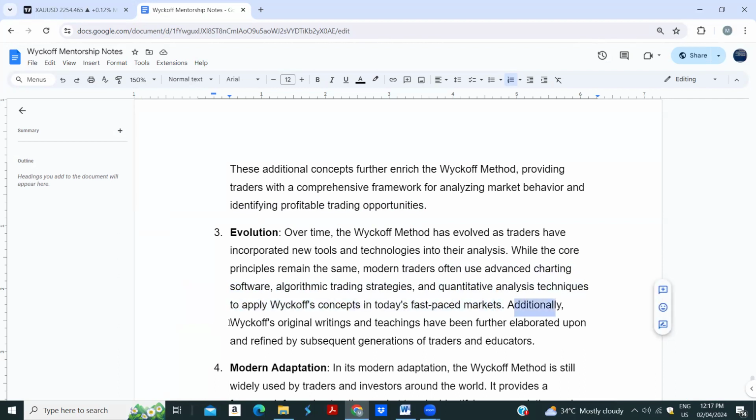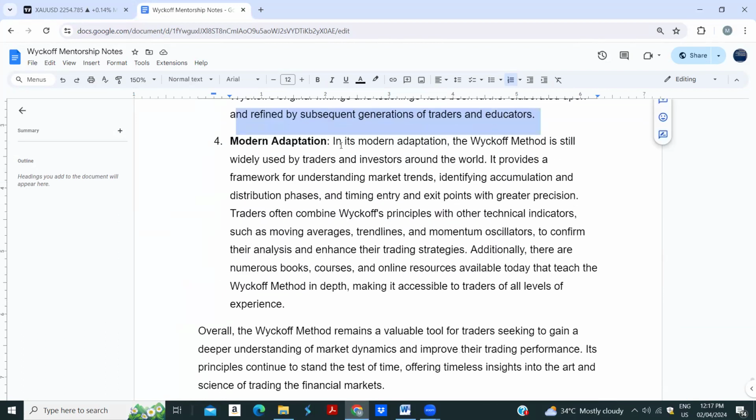Additionally, Wyckoff's original writing and teachings have been further elaborated and refined by subsequent generations of traders and educators, and modified to adapt to today's market conditions. But the core principles remain the same.